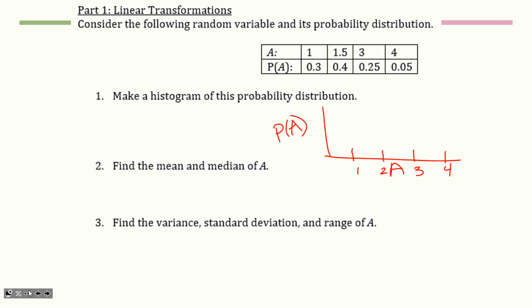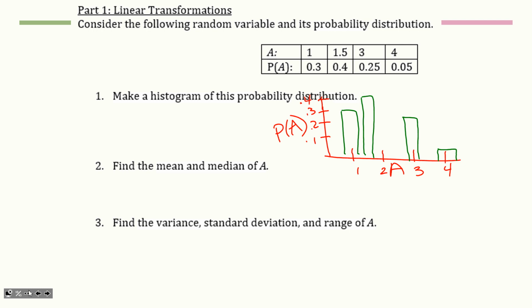My maximum probability goes up to 0.4. So I'll make this 0.1, 0.2, oh, I didn't scale this well, did I? 0.3 and 0.4. And then for my bars, I would have a bar at 1, a bar at 1.5, a bar at 3, and then a bar at 4.